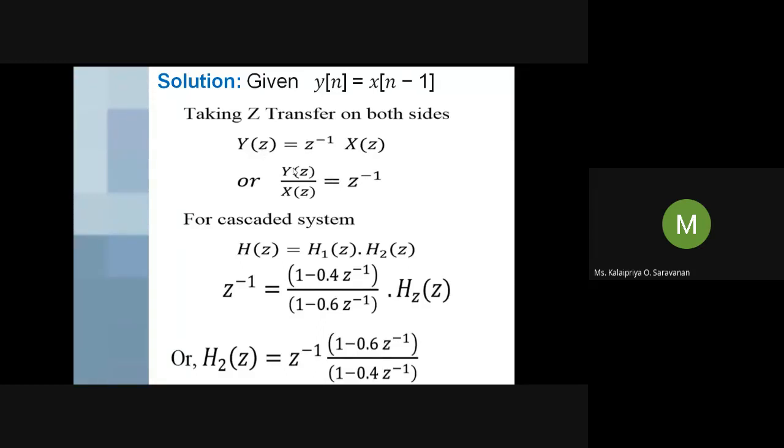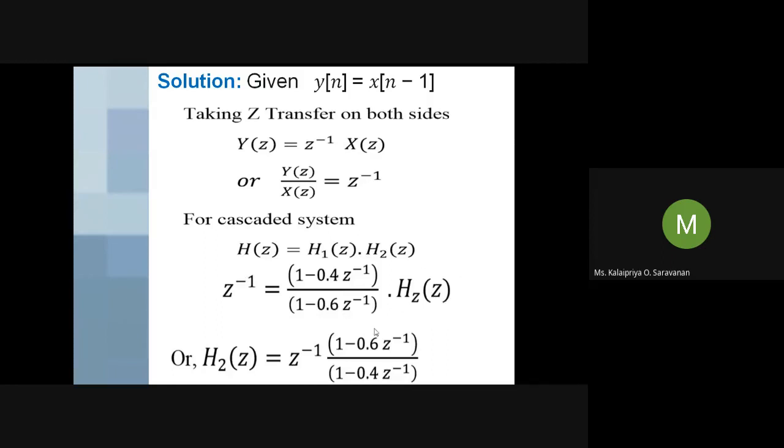The transfer function H of Z is nothing but Y of Z by X of Z, so H of Z is nothing but Z inverse. Now substitute your H of Z in the given expression. For a cascaded system, H of Z is equal to H1 of Z into H2 of Z. Substituting H of Z, Z inverse is equal to 1 minus 0.4 Z inverse by 1 minus 0.6 Z inverse into H2 of Z. So what is your H2 of Z here?